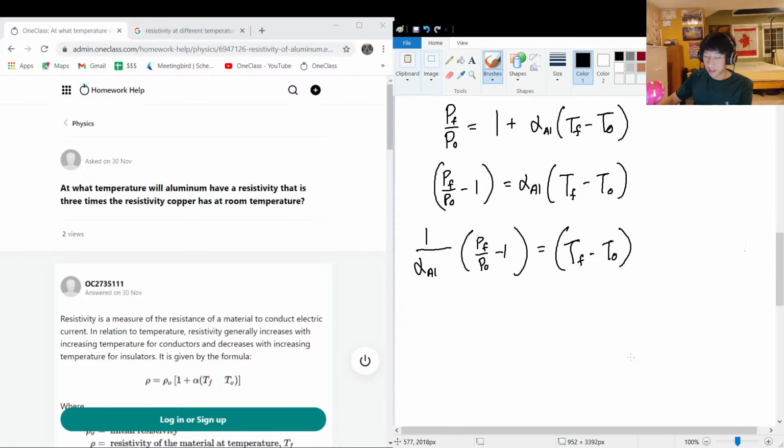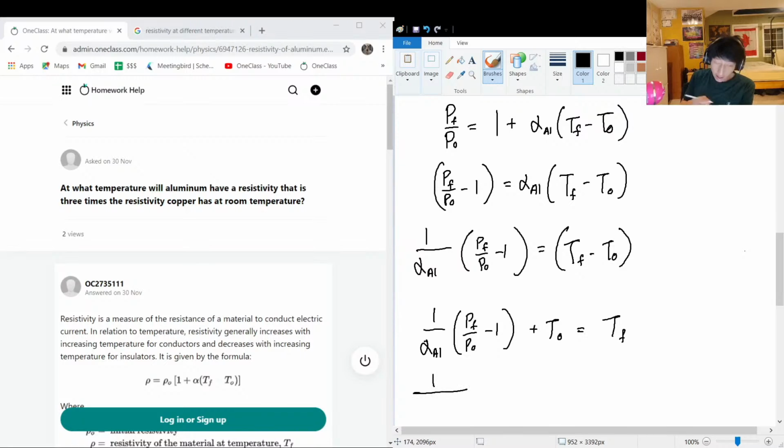And then to isolate TF, we just need to add T naught to both sides. So it's going to be 1 over alpha AL times PF over P naught minus 1, plus T naught, is equal to TF.